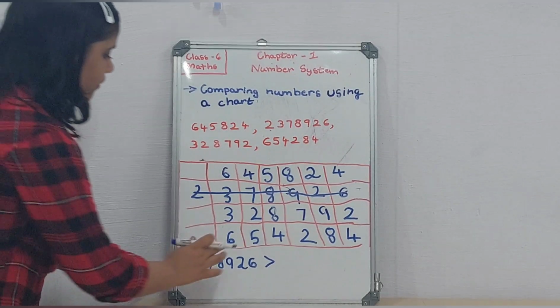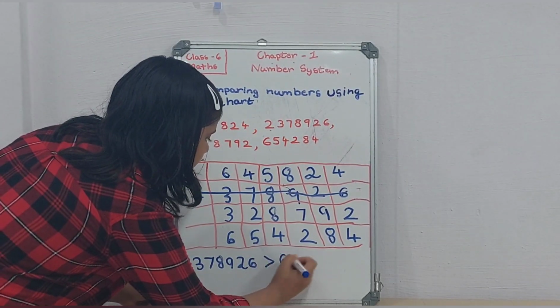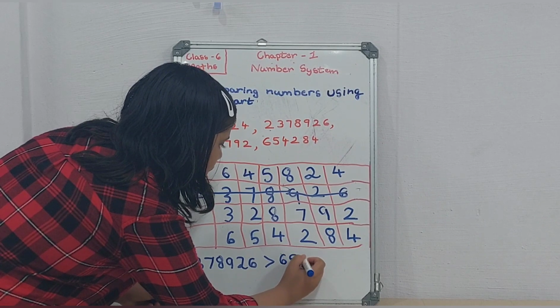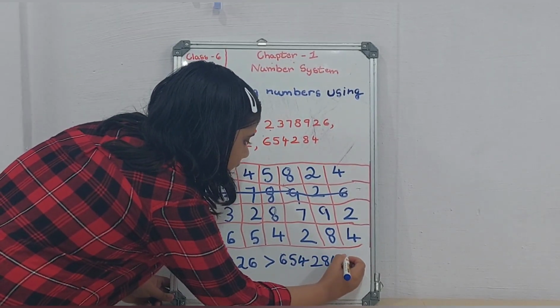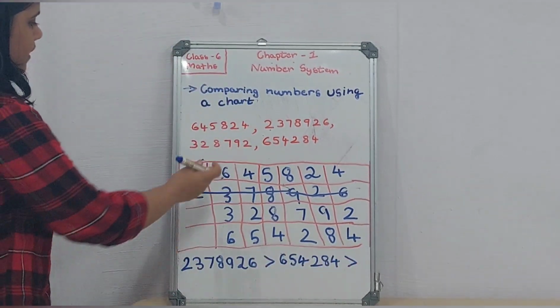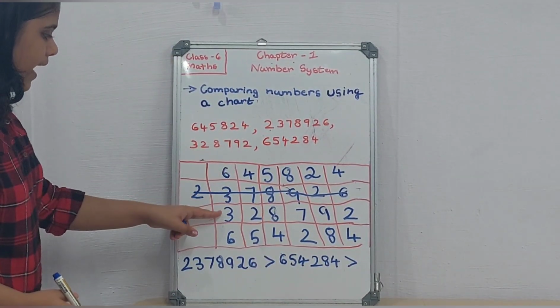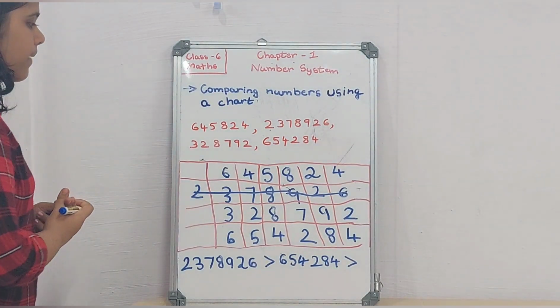So 6, 5, 4, 2, 8, 4 is greater than this number because this is 3, right? This is 6. So which is bigger? 6.